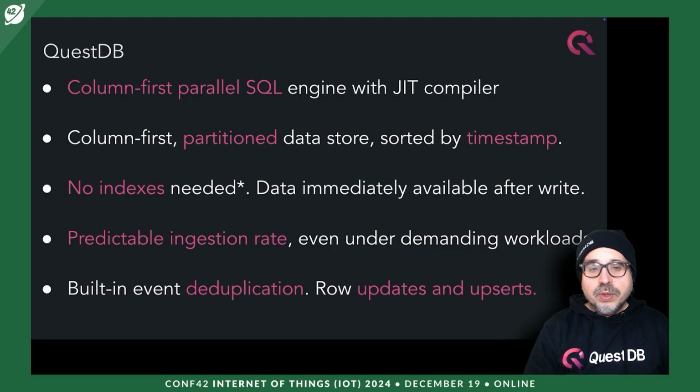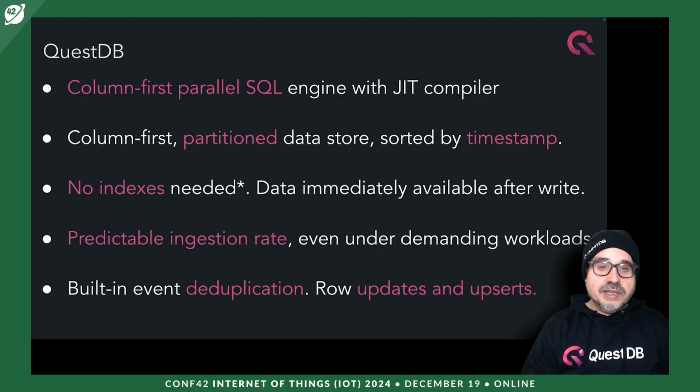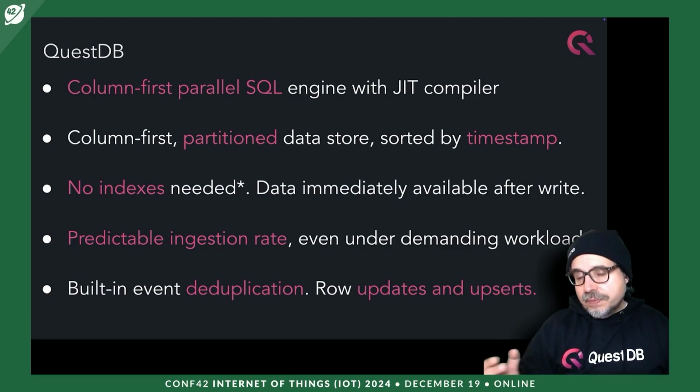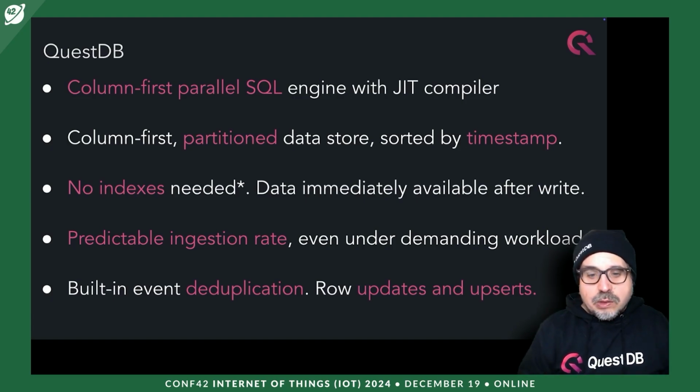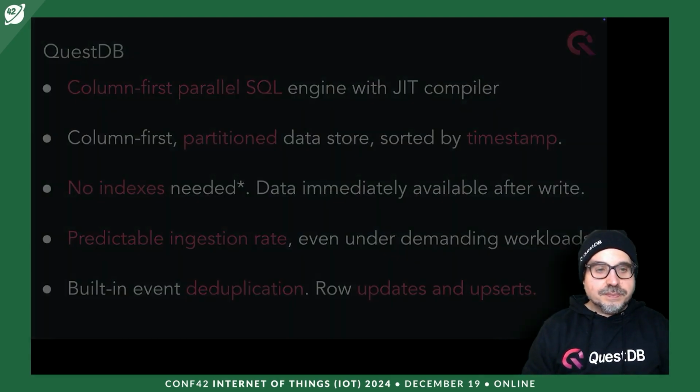So if you know with your current machine you can always ingest, let's say, 350,000 events per second, even if your server is experiencing heavy load of queries, you can always make sure you are going to be ingesting data at the same rate. And we have goodies like built-in deduplication or updates on upsert. So basically, what you would expect from a modern time series database these days.